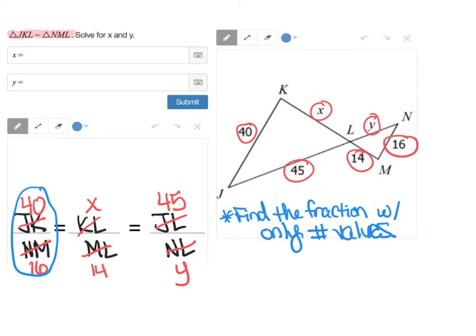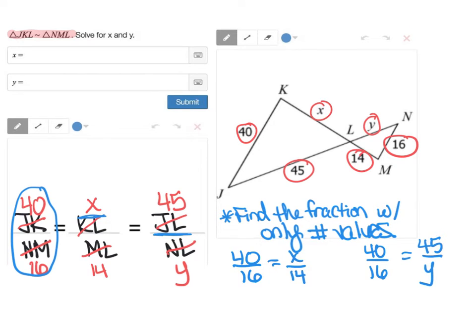So I'm going to be doing 40 over 16 equals x over 14, and I'm going to be doing 40 over 16 equals 45 over y. So I do two separate problems. I'm going to do an x problem using the 40 over 16 and a y problem using the 40 over 16.